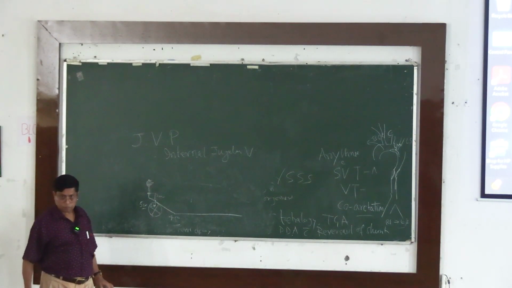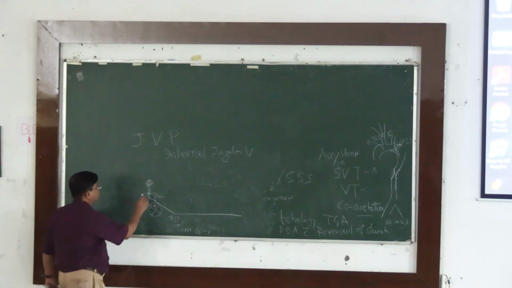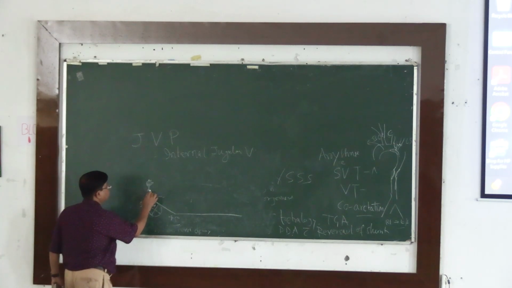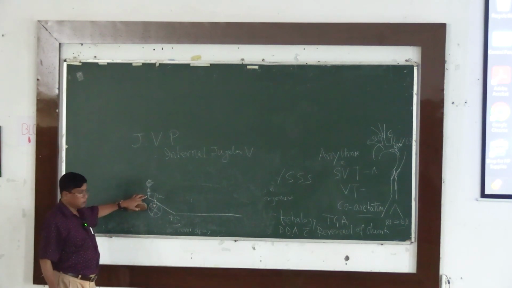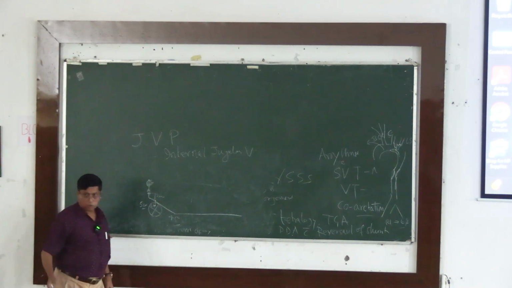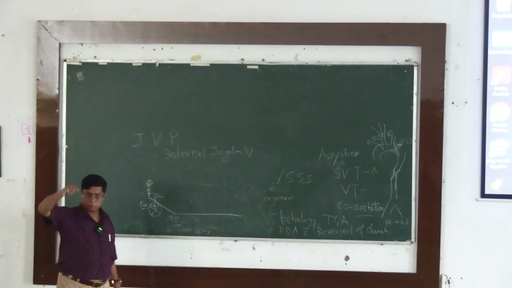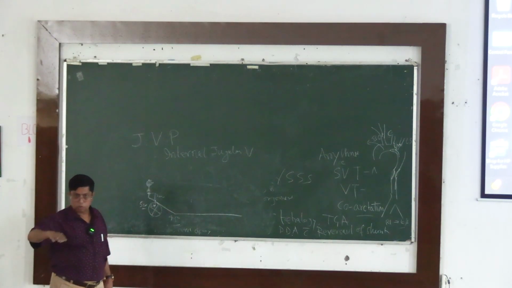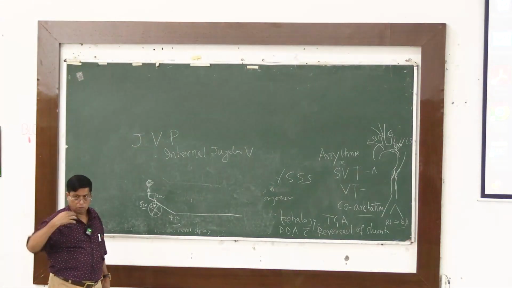If it is more than 8 centimeter, the pressure will go up and cross the lower 1/3 of the neck. Why is it 45 degree? Because if you sit the patient up, the blood column may go below the clavicle and you cannot see it.